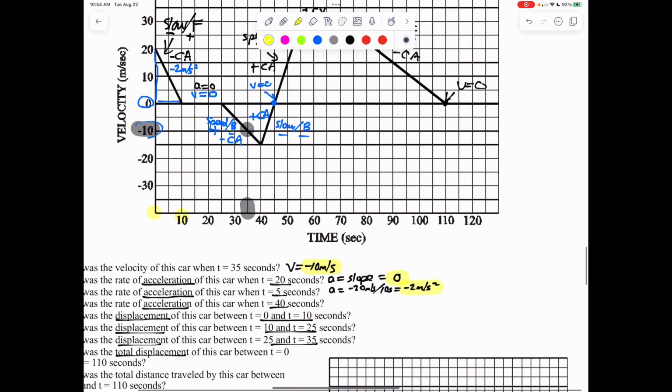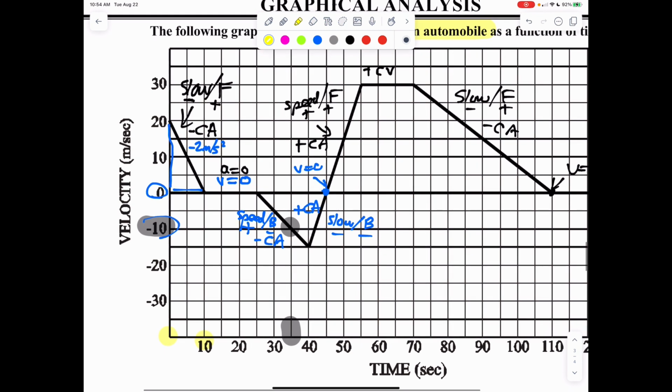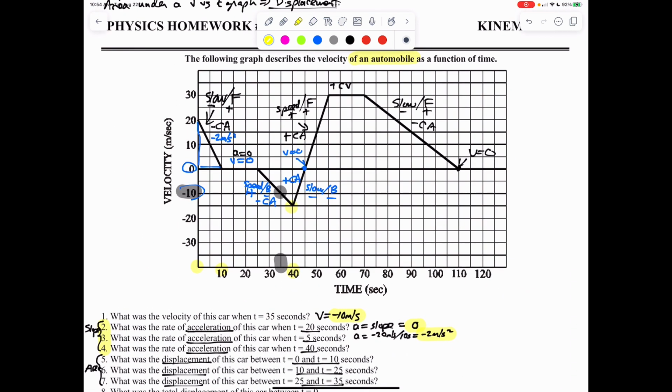What is the acceleration at 40 seconds? Well, 40 seconds is right at this point here, which is interesting because at that point, that's not very realistic. It's not realistic because there's no actual slope there.